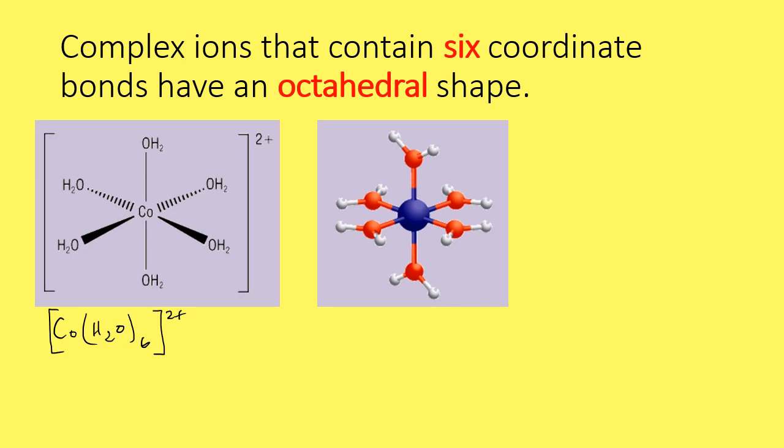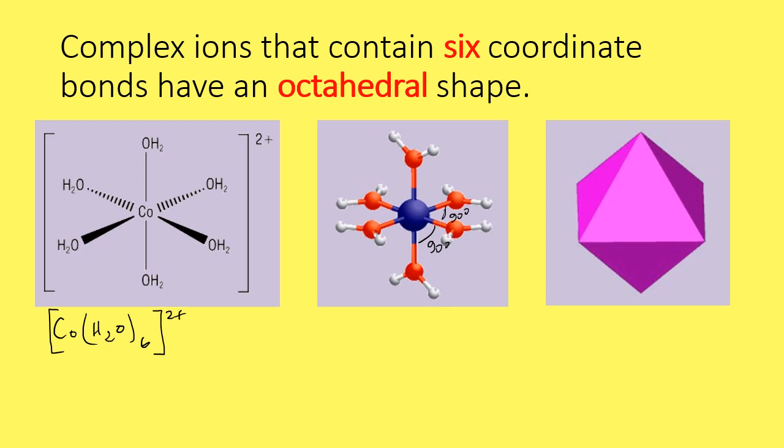Okay, so we can see this bond angle is 90 degrees, this bond angle is 90 degrees, all the bond angles are 90 degrees. So that's what we have to remember. In shapes such as this one, which we're going to call octahedral, all the bond angles are 90 degrees.